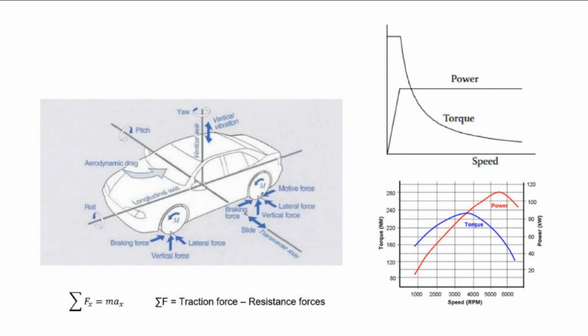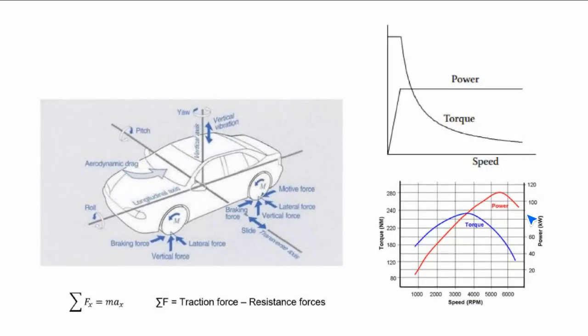The ideal electric motor power, torque, or traction curve is presented on the right side of your screen. Okay, this is my power, torque, and speed curve. This is the ideal condition. However, internal combustion engines don't fit this behavior, and their performance is another figure.